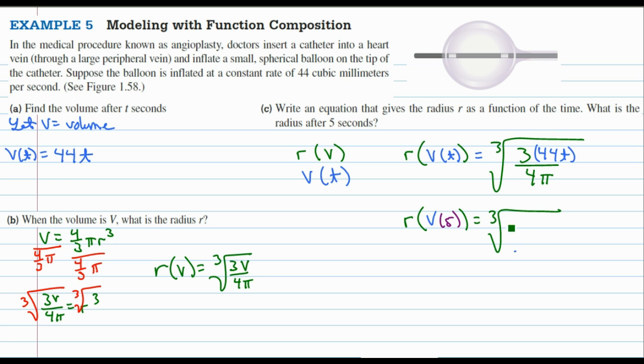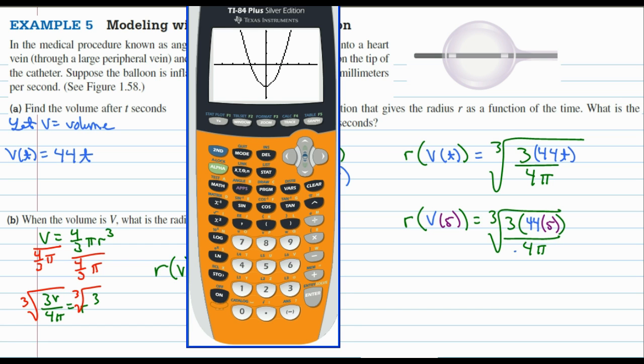So I want the cube root of 3 times 44 times 5 all over 4 pi. And I'm going to use my calculator to find that. If you go to math number 5, that little x means you can put in whatever root you want. I'm going to put in the root 3.